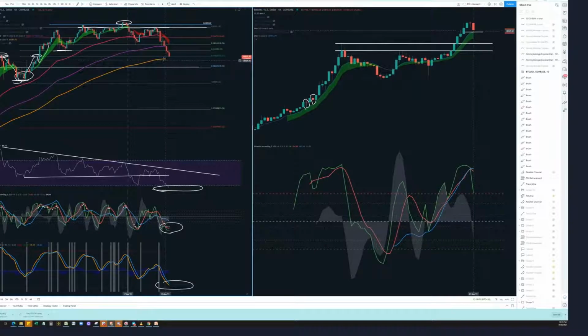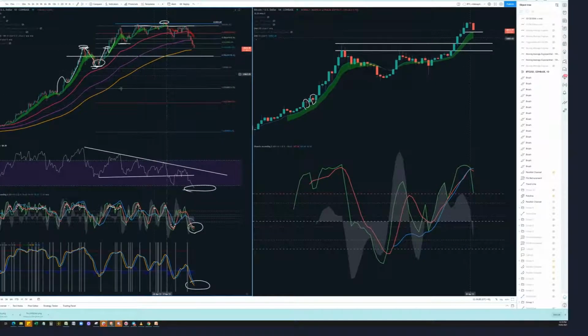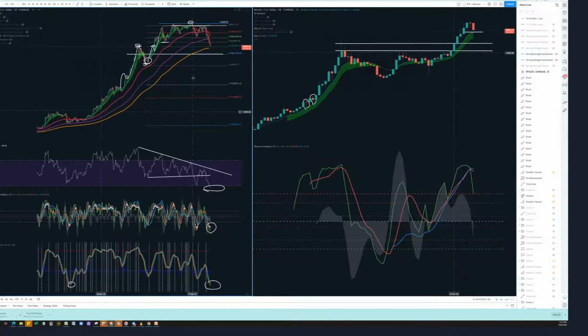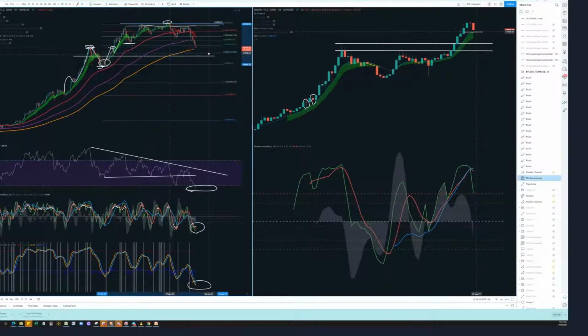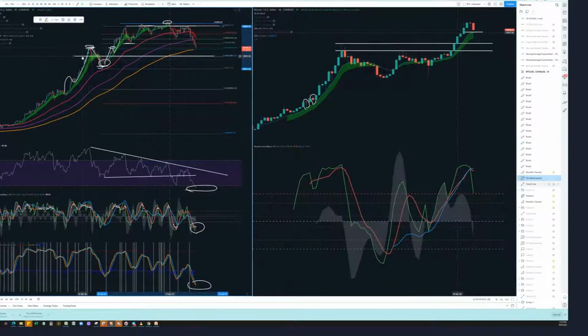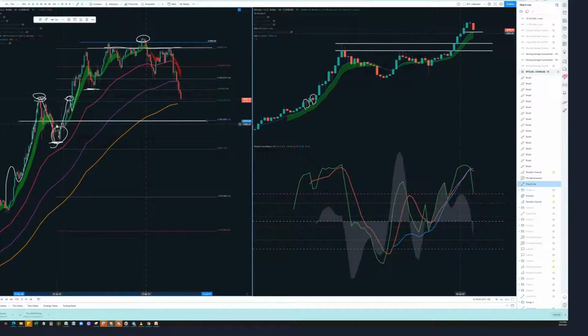For now, the 34 weekly moving average has given us a good case to buy the 618 level on this macro. The worst case scenario is this white line here, the next level down, where the inverted head and shoulders took place, and the neckline.